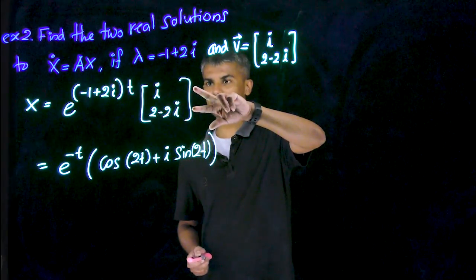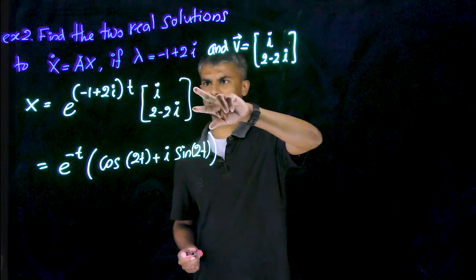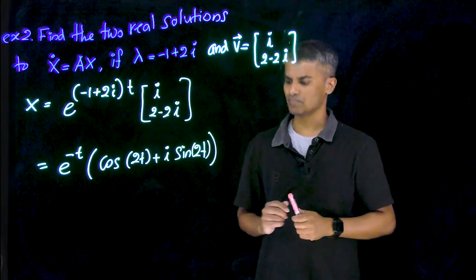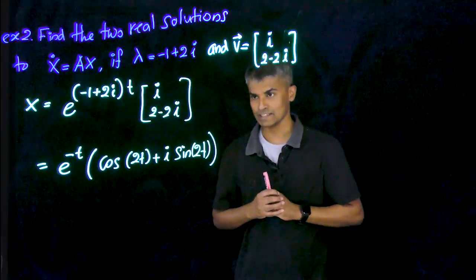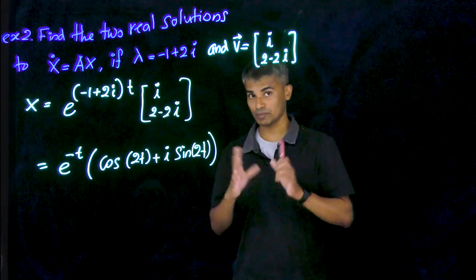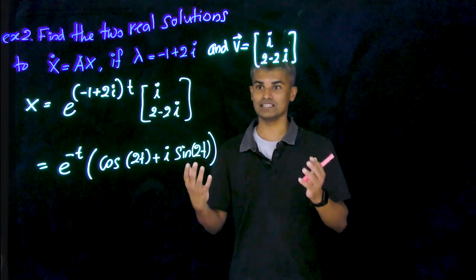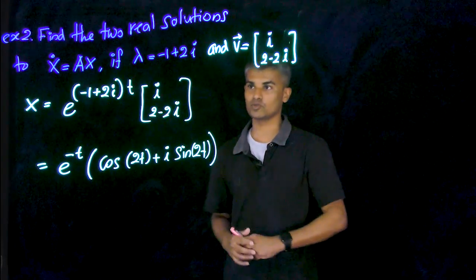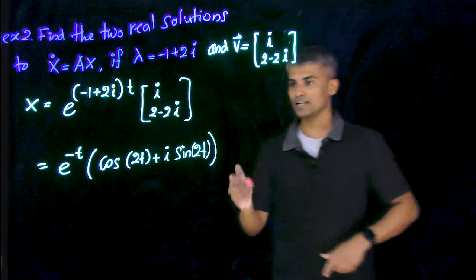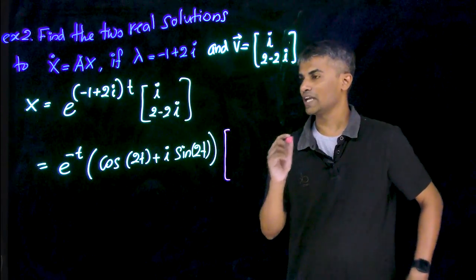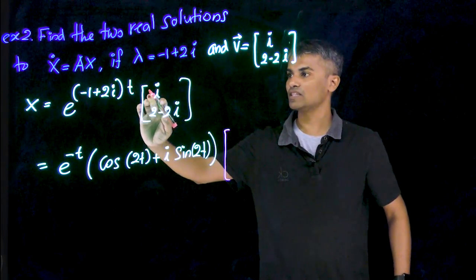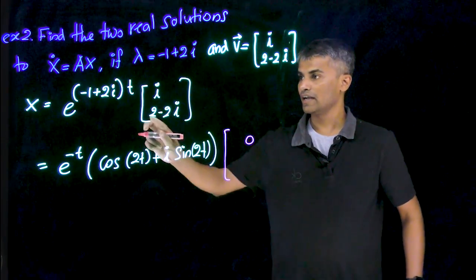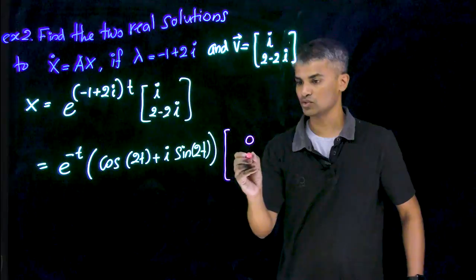And then, so this is the eigenvector, and I am going to separate this eigenvector into two parts because it is good practice to separate those two. Then it is easier to figure out the real part and the imaginary part of this entire solution. If you do that, you should get the real part of the first component is 0, and the real part of the second component is 2.